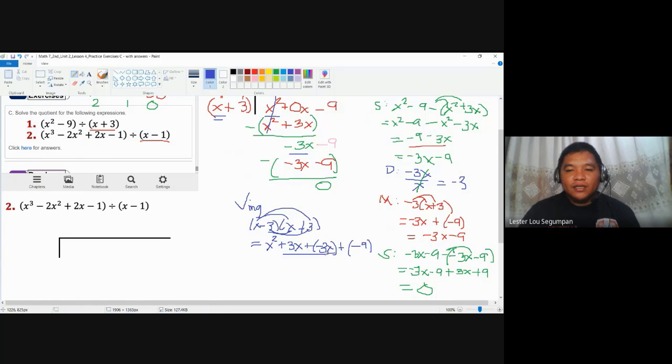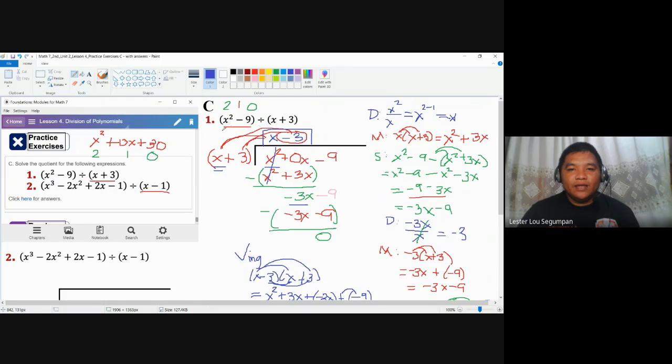So this becomes 0 because that's 3 plus negative 3. What is left now is x squared, and break this grouping symbol, minus 9. See, our answer is actually the given dividend. We are now sure that the quotient when x squared minus 9 is divided by x plus 3 will result to x minus 3. This is for number 1.